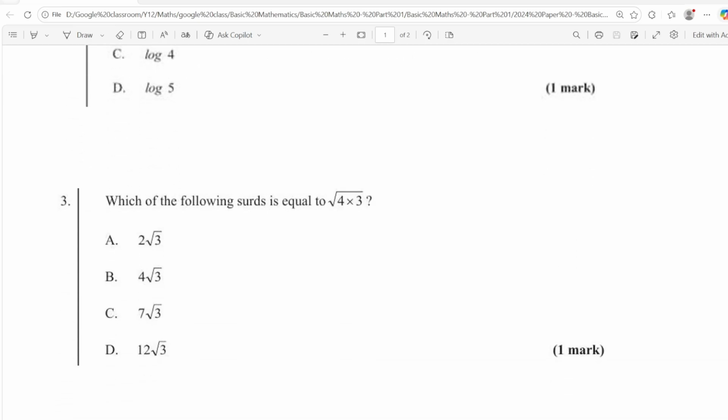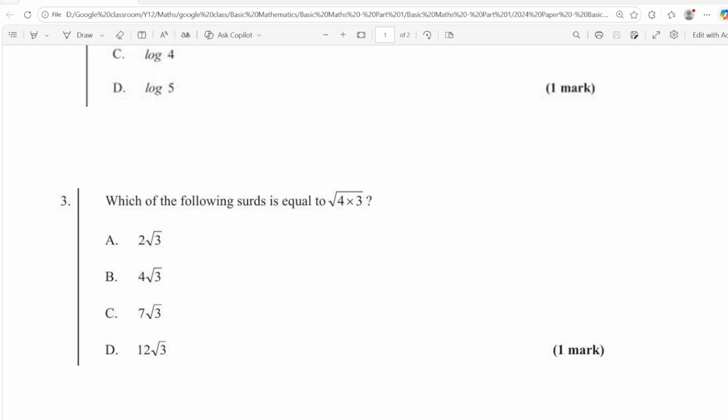Question 3 deals with root or square root. Now square root comes under surds. Okay, let's look at surds. Which of the following surds is equal to that? This is question number 3, square root of 4 times 3.